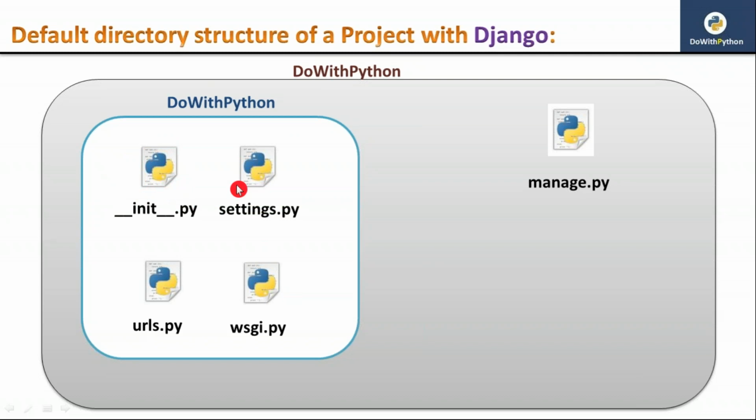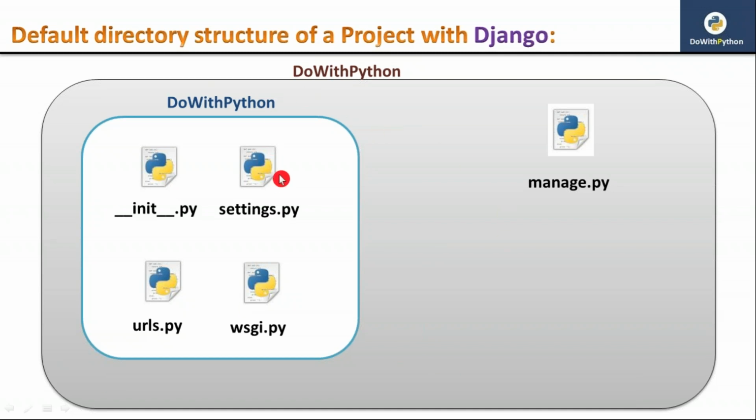In settings.py you have database configurations. If you create some applications, you have to register them in this settings.py. Then urls.py resolves the user request based on the URL.